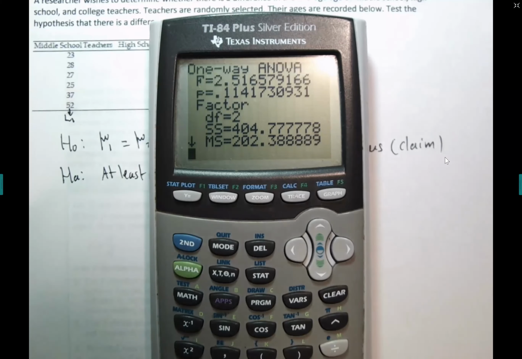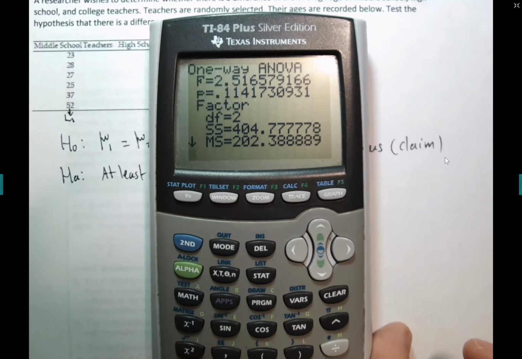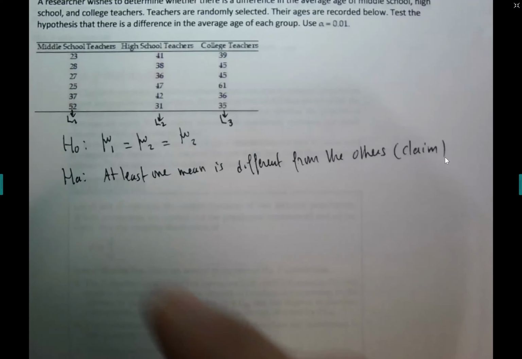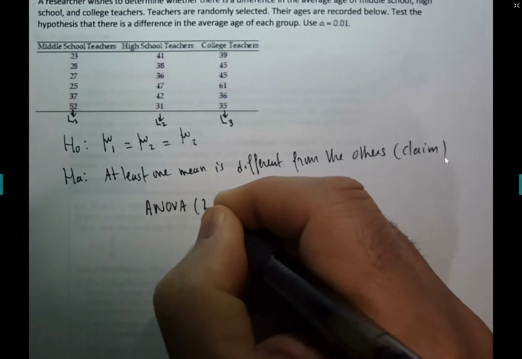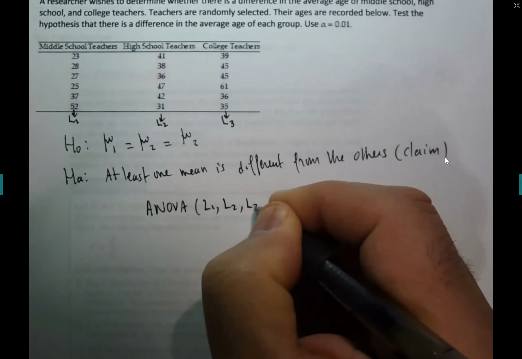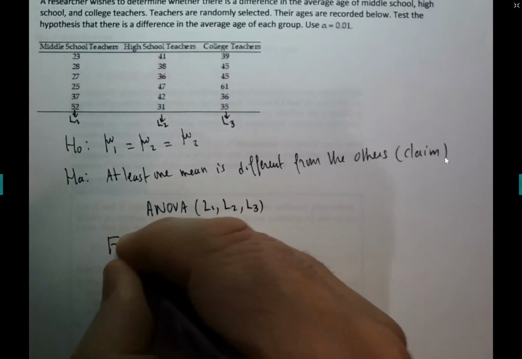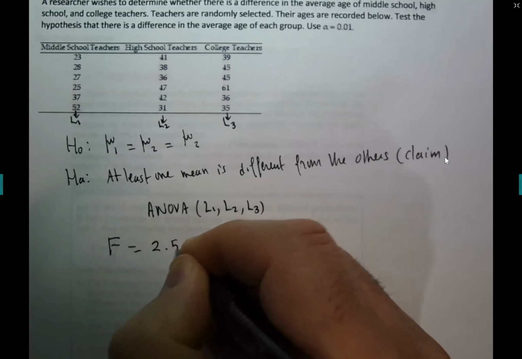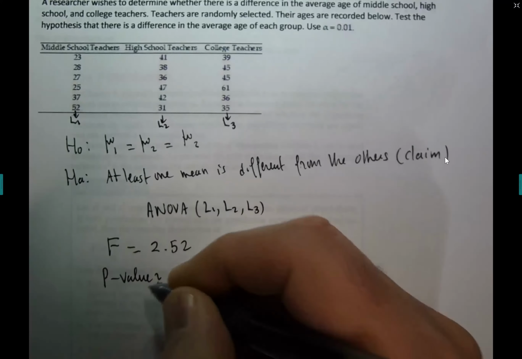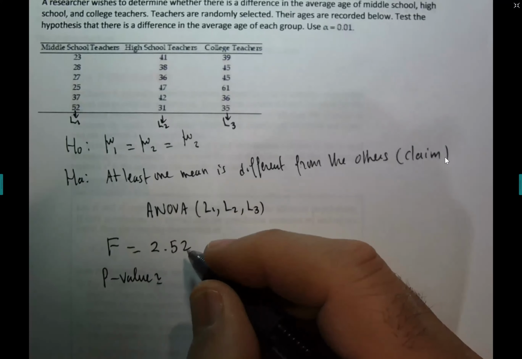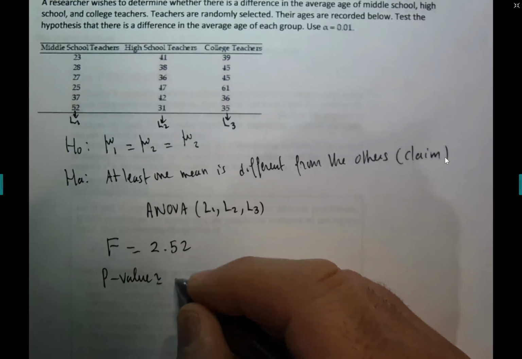So F is 2.52 and p-value is 0.1142. ANOVA. And you get F, not T or Z, because this is an F distribution.